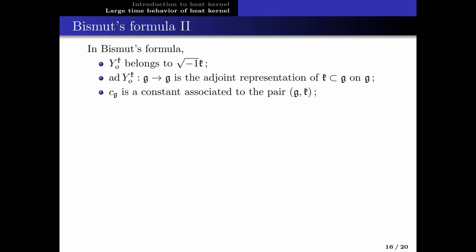So this c_g we just saw is some constant associated to the Casimir operator, and the Lie algebra representation splits into a block-wise diagonal operator with respect to this decomposition of g into p and k. So in this way, we have two components.